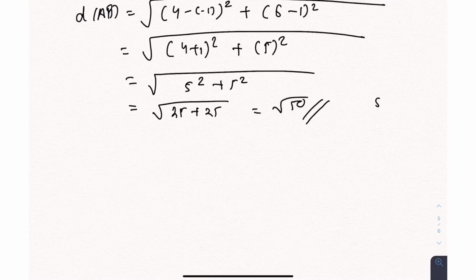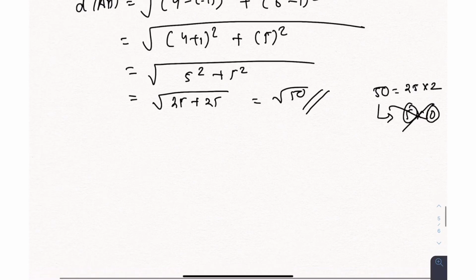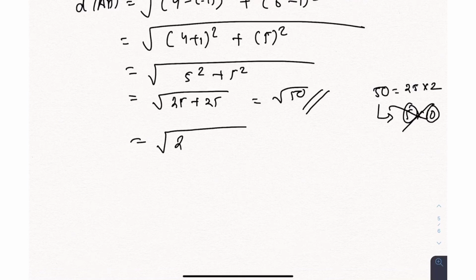So we know that 50 can be written as 25 into 2, where 25 is a complete square. Now you may also say that 50 can be written as 5 into 10. Perfect. But the problem is neither 5 nor 10 is a complete square. So this is not useful for us. So root 50 we are going to write as 25 into 2, and this can be simplified as 5 root 2. I hope this part is clear to you guys.